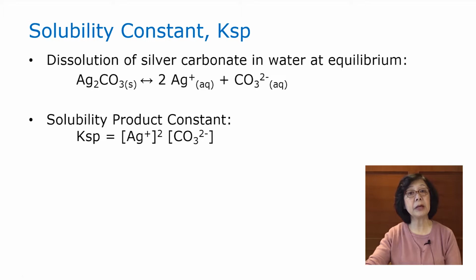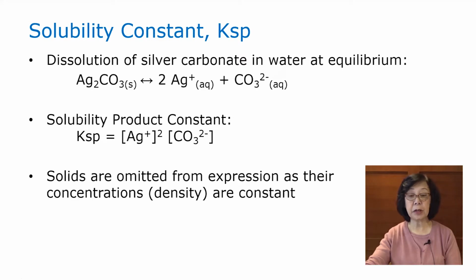So the KSP is equal to the silver ion concentration raised to the power 2 because of the coefficient of 2 in the stoichiometry, times the carbonate ion concentration. And remember, we represent concentration by the bracket. The solids are omitted from the expression because their density is constant.